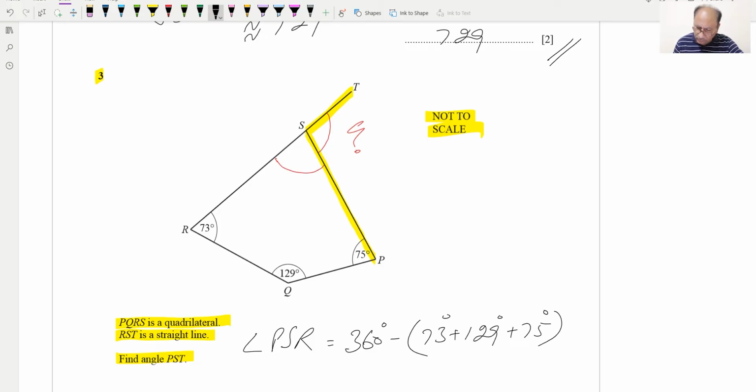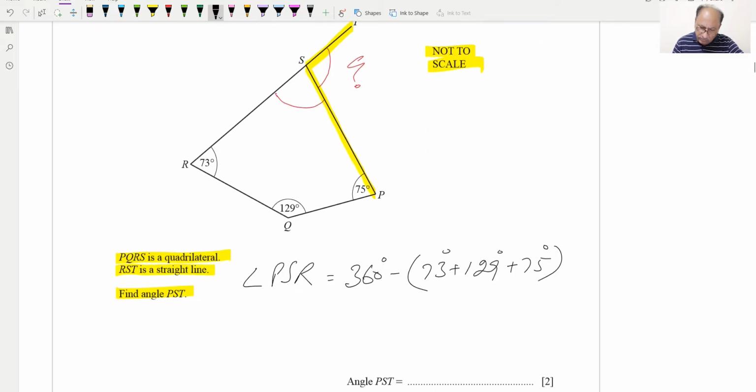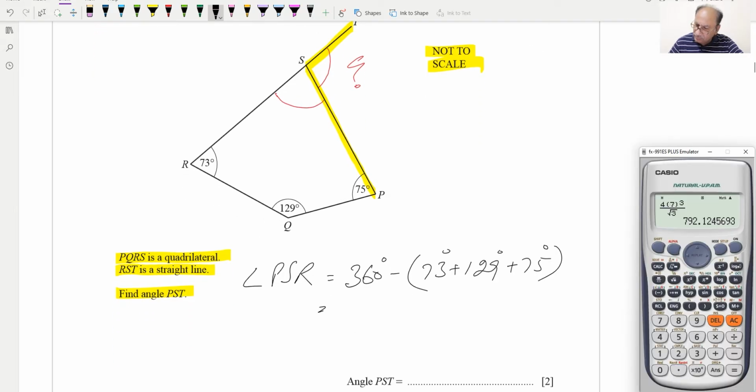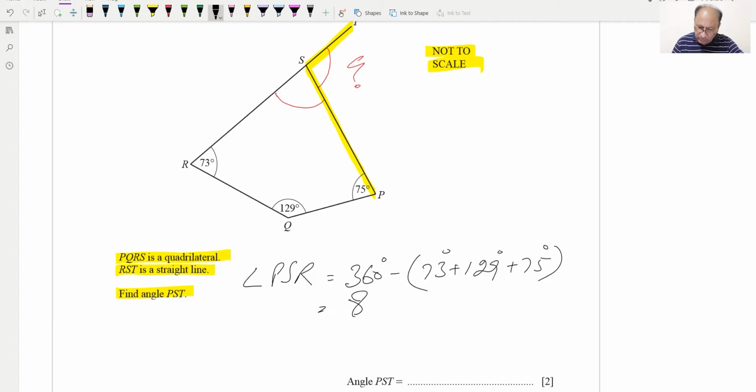Now we can simplify this. This will be 360 minus brackets 73 plus 129 plus 75, and this will be 83 degrees. So 83 degrees is this angle.